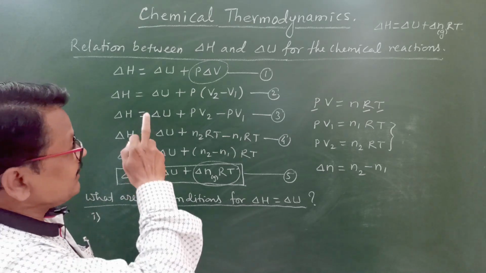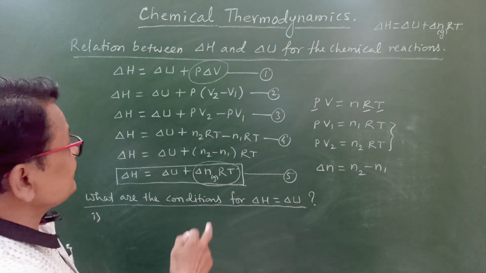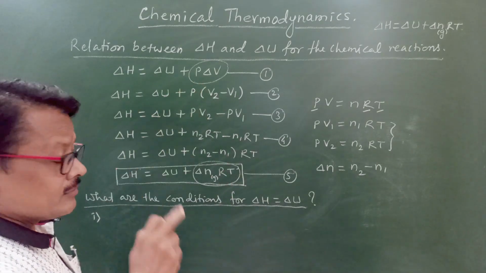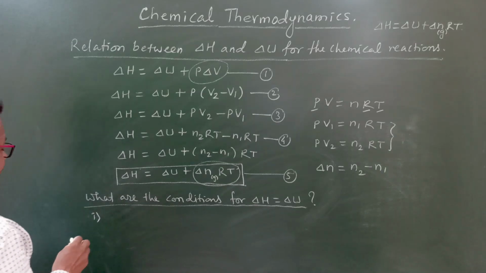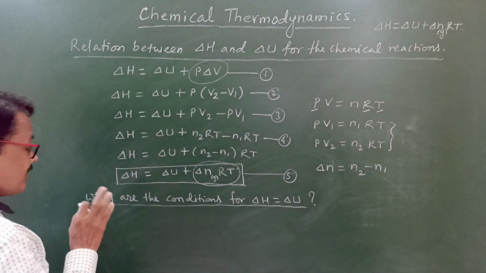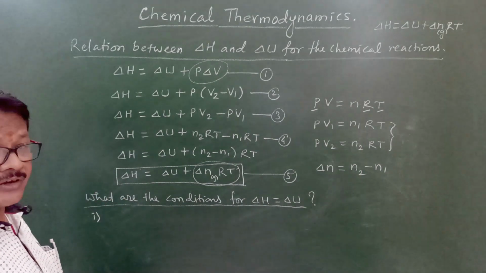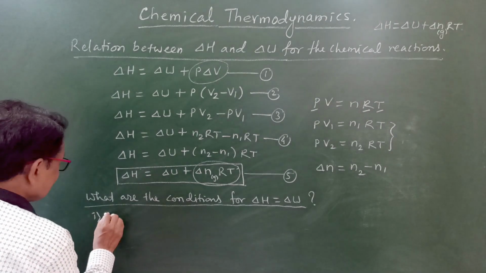So therefore, delta V is neglected or it is 0. So therefore, this term will be 0. When will it be 0? In the first condition, when only solids and liquids take part in a reaction, and no gaseous substances are present on the reactant side or product side during the chemical reaction.